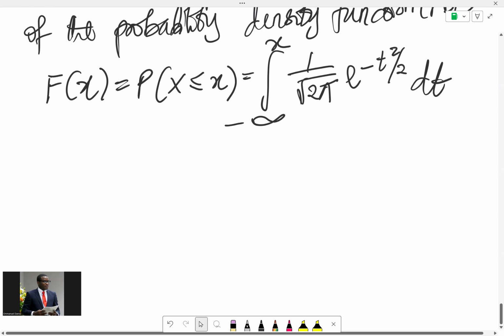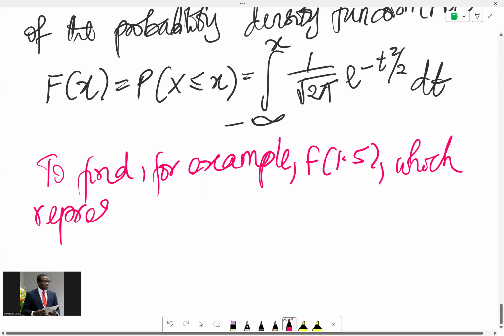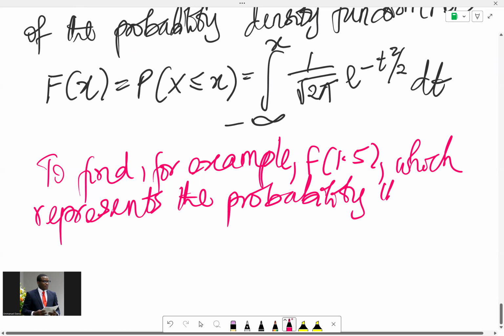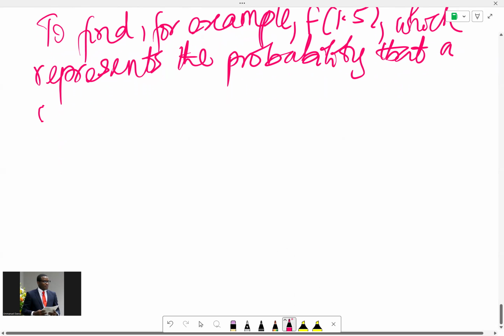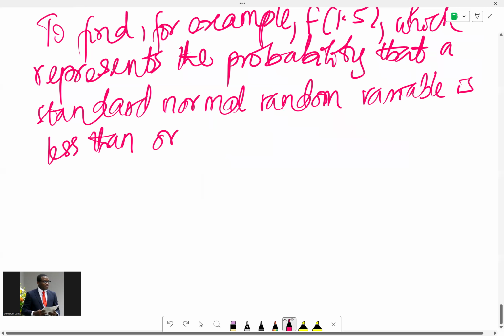So actually, to find, for example, F of 1.5, you know, this is not discrete now, which represents the probability that a standard normal random variable is less than or equal to 1.5.